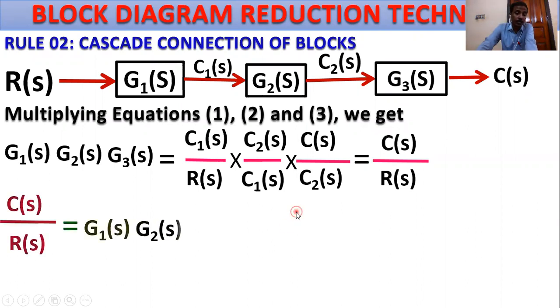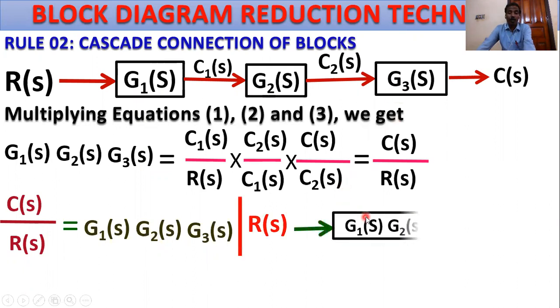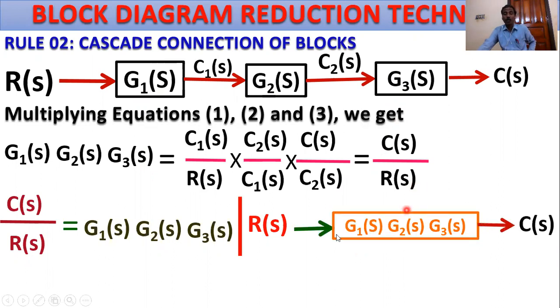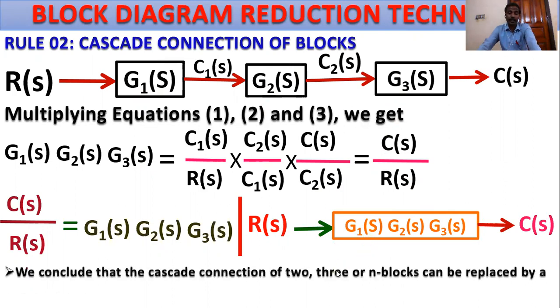Then C(S) by R(S) equals what? G1(S), G2(S), and G3(S), the product of the first block, second block, and third block gain. With R of S as input and output C of S, C(S) divided by R(S) equals G1(S) into G2(S) into G3(S).